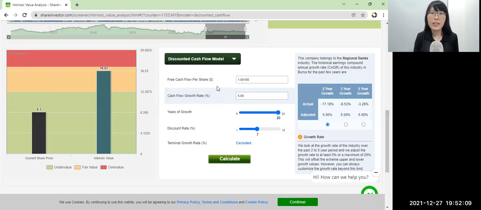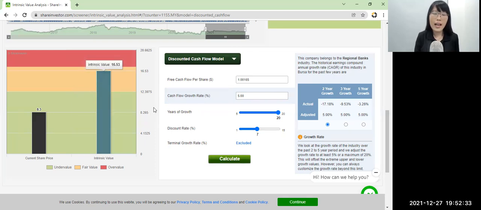So we estimated the business will grow for another 20 years. Based on this, currently the share price for Maybank is undervalued.